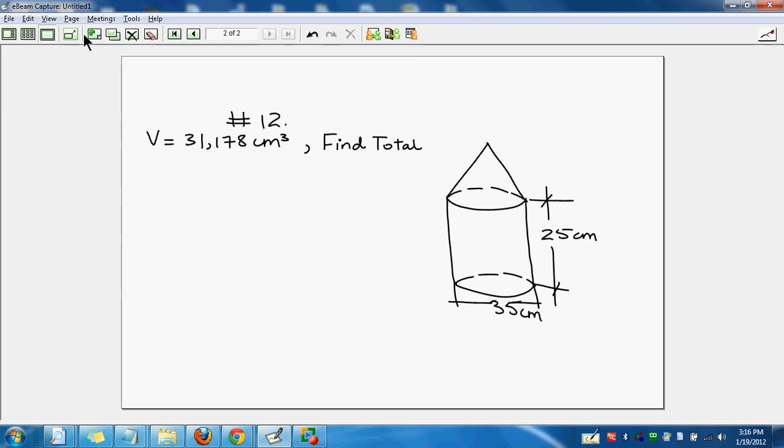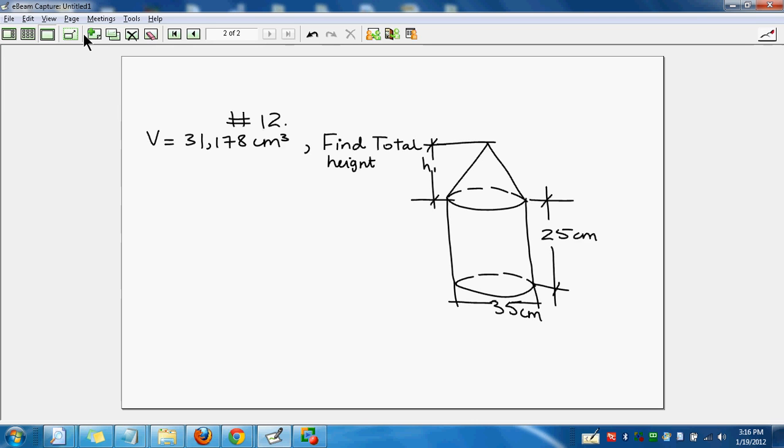If we have to find the total height, it means we have to get the height of the cone portion. Right, we have to get that portion there. So we could call that H1. And then we have to add that to the height of the cylinder. That will give us our total height.